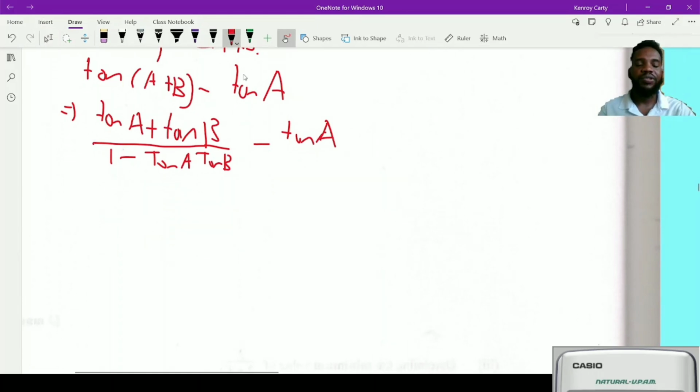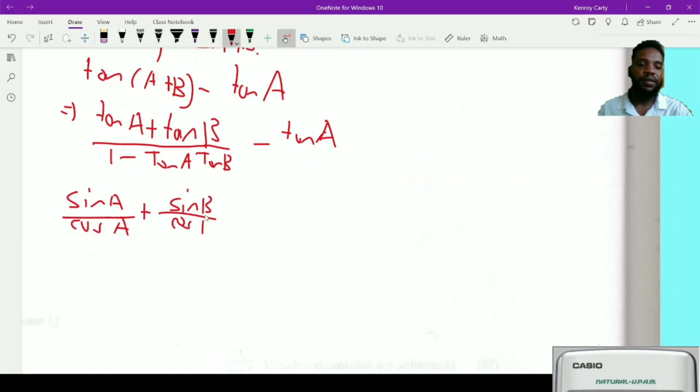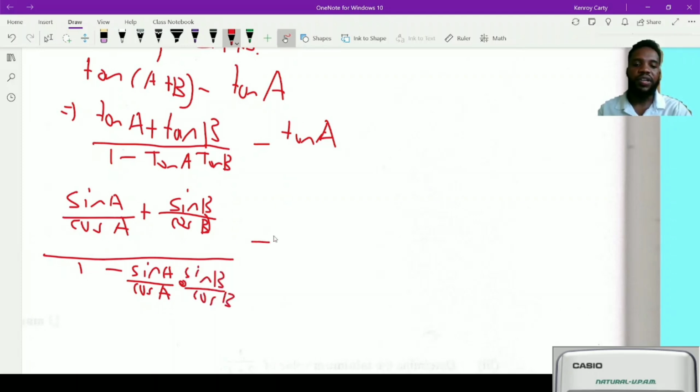Now, we know by now that tan is really sine A over cos A. So we're going to have sine A over the cosine of A plus sine B over the cosine of B, all over 1 minus sine A over cosine A times sine B over cosine B. And all this is going to subtract sine A over cosine A.